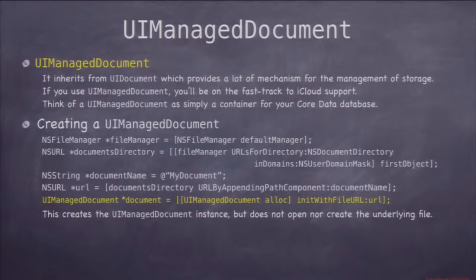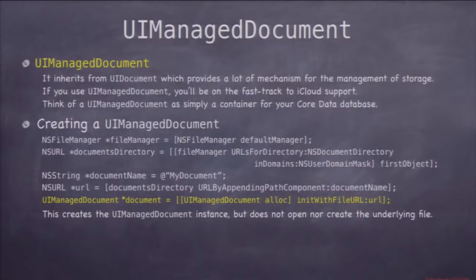We haven't accessed the file system at all in anything we've ever done. We do this with this class NSFileManager. I'm not really going to cover that this week. Suffice it to say, the file manager can give you the URL of the documents directory for the user. That's what the second line of code there is. And then you can just append whatever you want the name of your document to be, like My Document or Flickr database or whatever you would want to call it. This is going to be the URL where it's going to put that Core Data database for you.